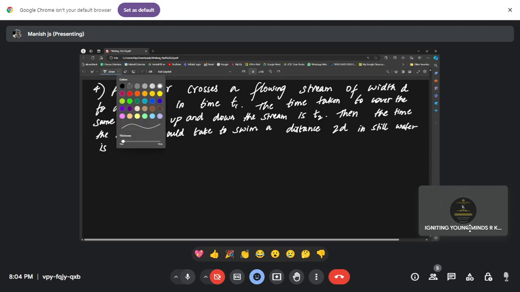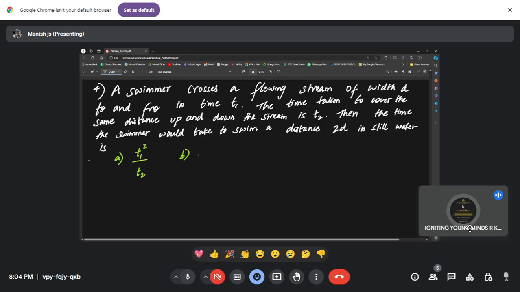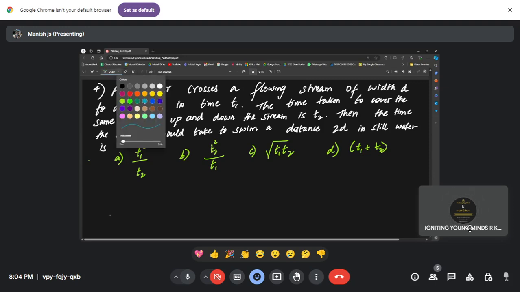So, what is the time taken by the swimmer to swim a distance 2D is what is asked. So, you have different options here. The first option, T1 squared upon T2. Option B, T2 squared upon T1. Option C, under root T1, T2. And option D, T1 plus T2. So these are all the options that we have, and we will have to choose the right one.